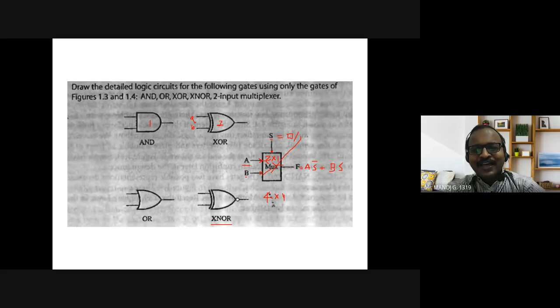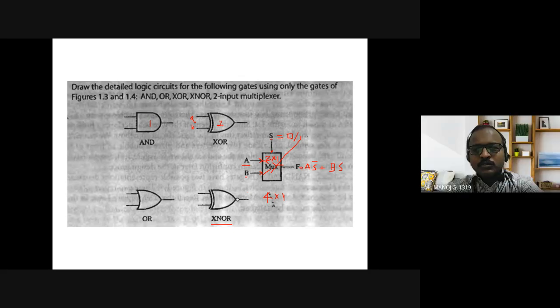Two is right. Ruby also gave the answer 2. How do you say it is 2? That's my question.